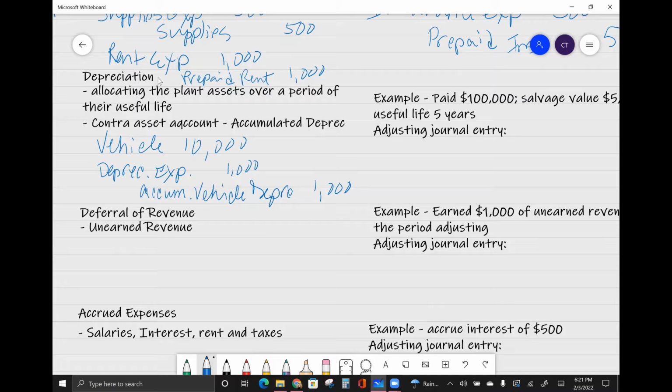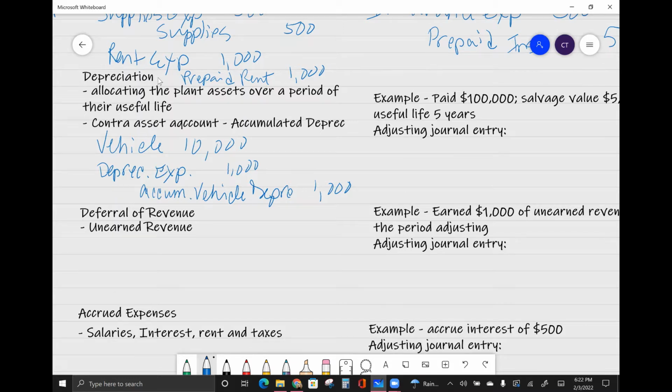Okay, so you can have multiple different ones. Usually when you're looking at a financial statement, you'll see multiple assets, but you might only see one lump amount that says accumulated depreciation. So it won't break it out for each category. Usually it's just one. So in this case, my vehicle will be sitting on there for $10,000.